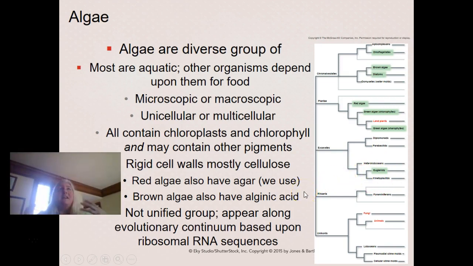So algae are not a tight-knit group. They're very unique. Each species is unique because they have different characteristics, and so it's hard to put them into a category, which is why they are so spread out.